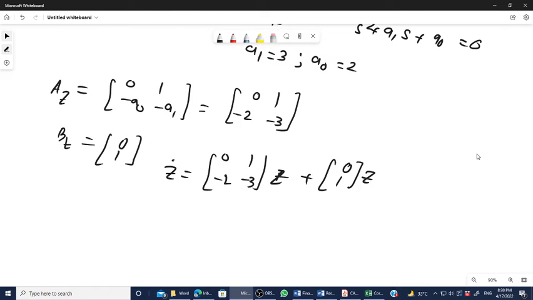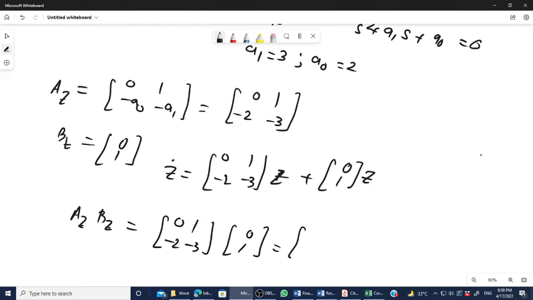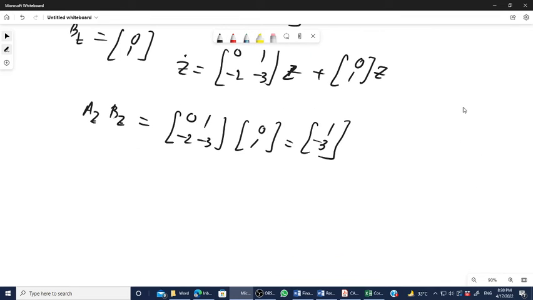Now AzBz will be required. AzBz becomes [0 1; -2 -3] times Bz, which is [0 1], so it will give [1 -3]. Now calculate Mz, the modal matrix, that is Bz and AzBz. We have already discussed this.